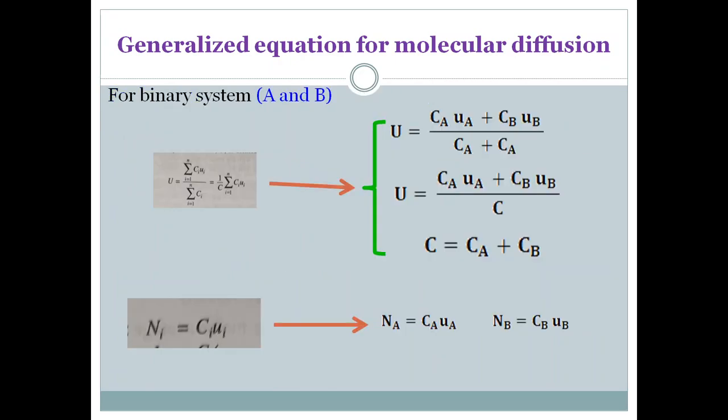Now for a binary system, meaning two components, like an ethanol water mixture, I should mention that in our mass transfer study, mass transfer 1 and 2, we will discuss only the binary system, because it is the simplest system, and here we are developing the basic concepts. We will not consider multiple component systems at this moment.